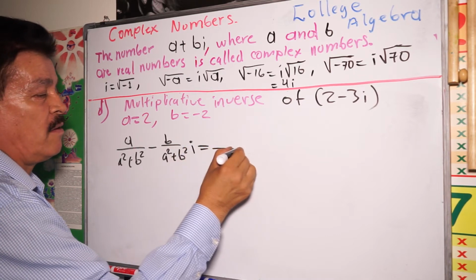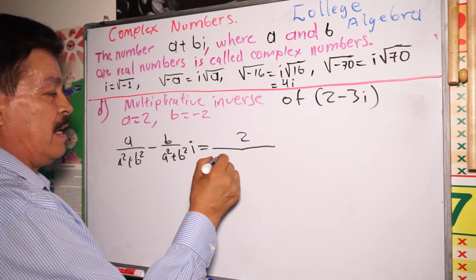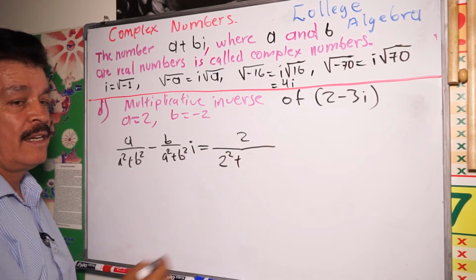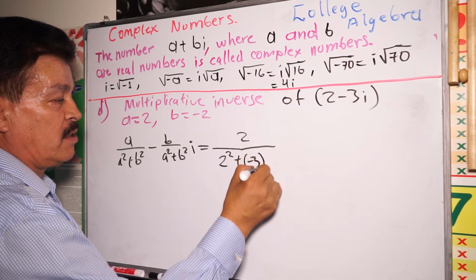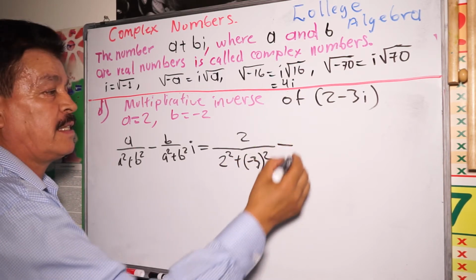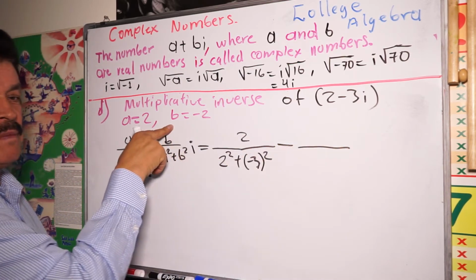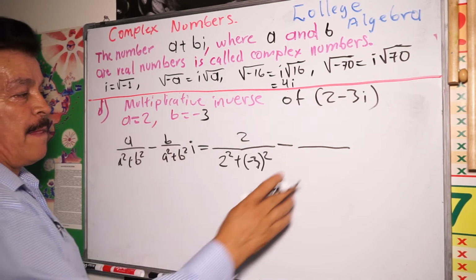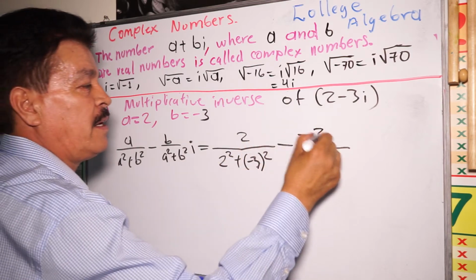We are talking about complex numbers. So 2 right here, and then over 2 squared plus -3 to the second power. Let's write this as B equals 3, written -3 here.